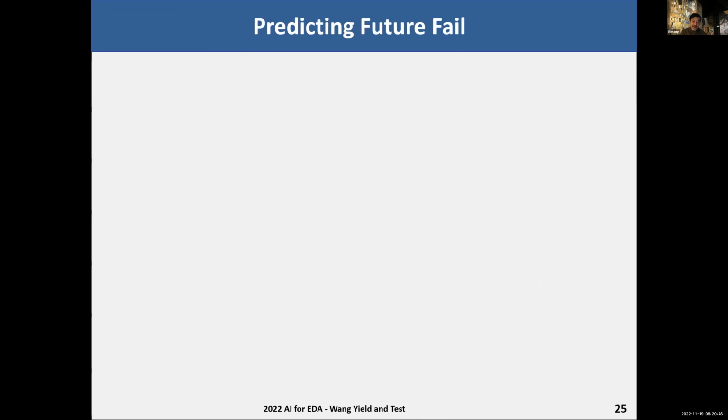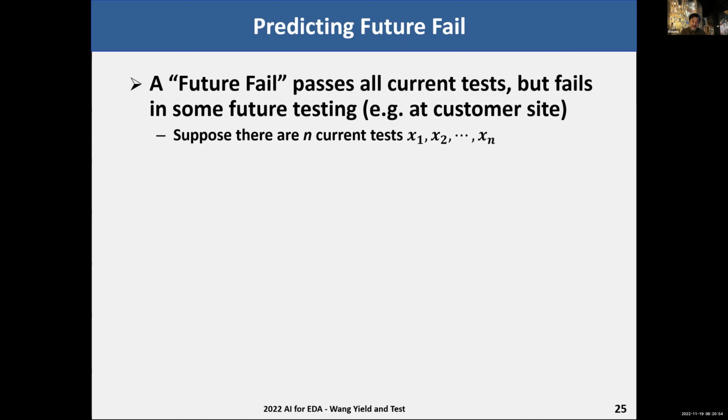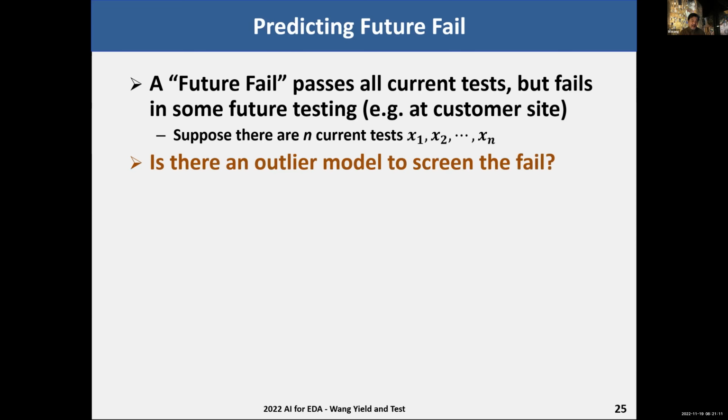So that's not it. In testing, one of the popular contexts is to learn a model to predict a so-called future fail. A future fail means that the part passed all the current tests, but still fails in some future testing. For example, a customer can perform their own system test and can observe a failing part at their site. So in the test community, a common approach to deal with this problem is to develop a so-called outlier model to screen a known future fail.